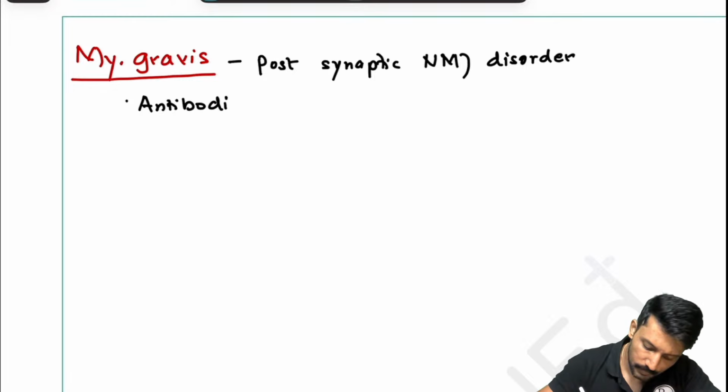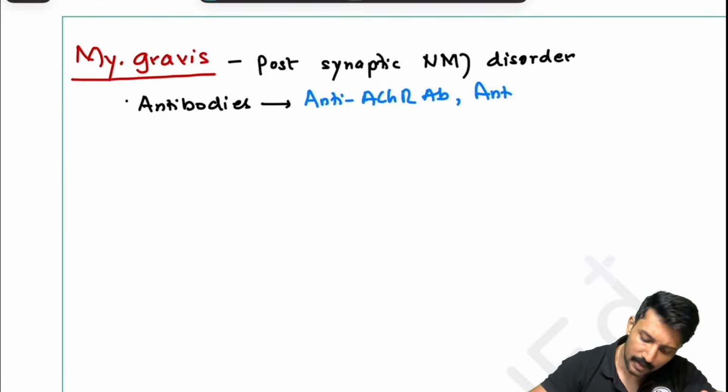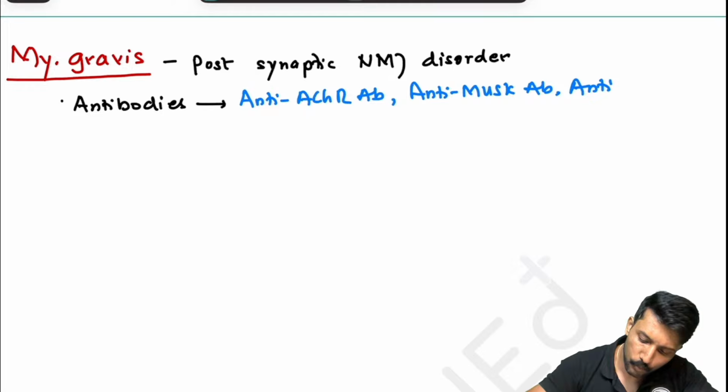There are 3 types of antibodies. Notice the first one is anti-acetylcholine receptor antibody. This is the most common antibody, followed by anti-muscle specific kinase antibody, followed by anti-lipoprotein 4 receptor antibody.